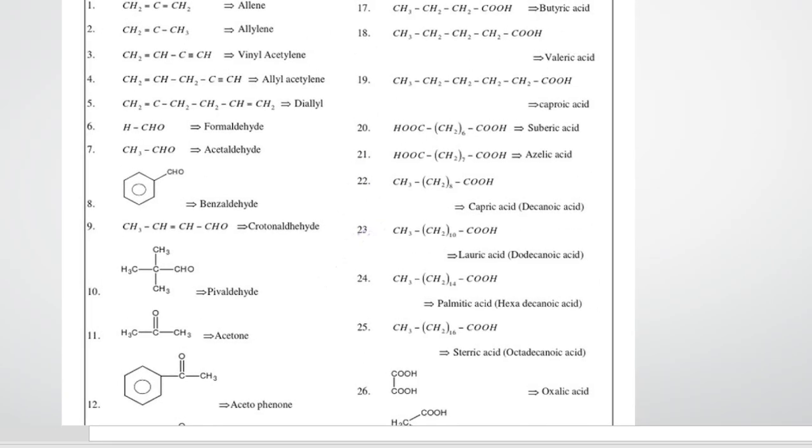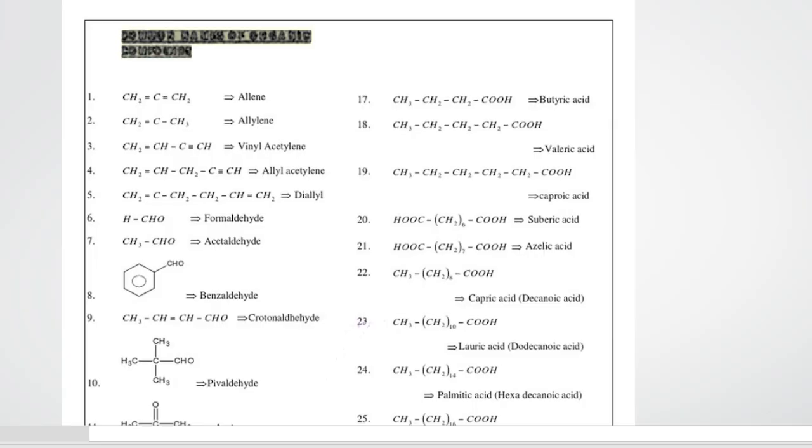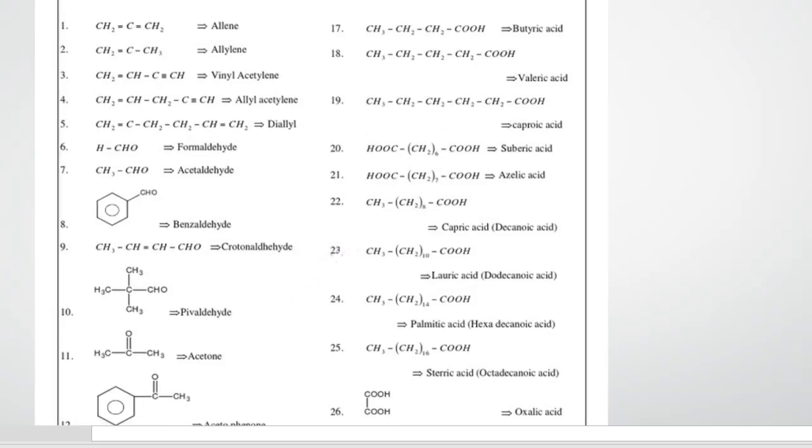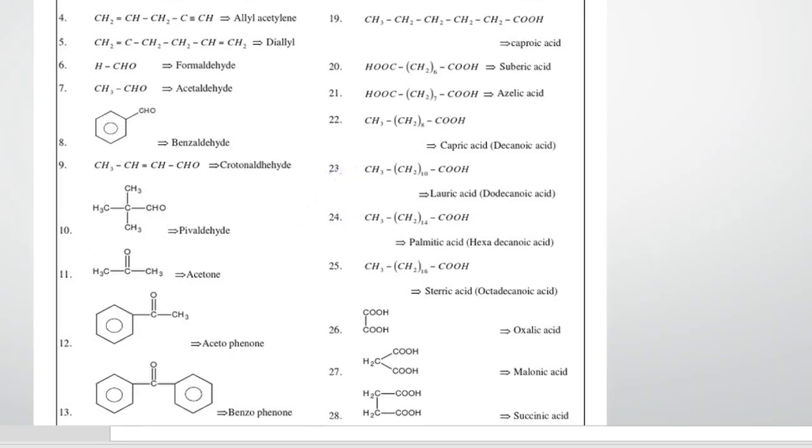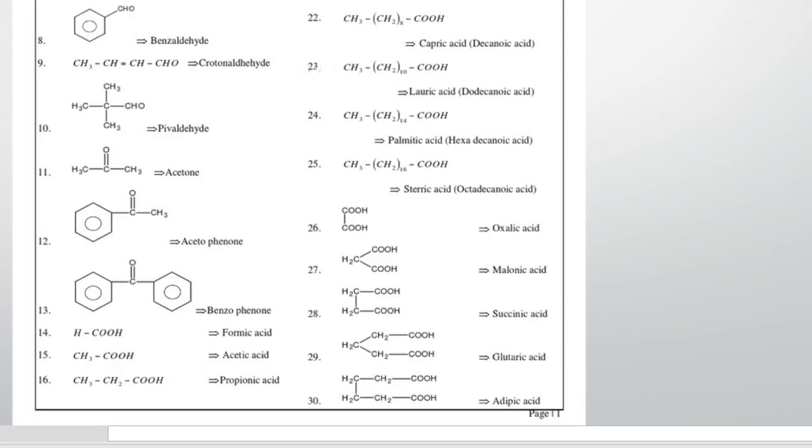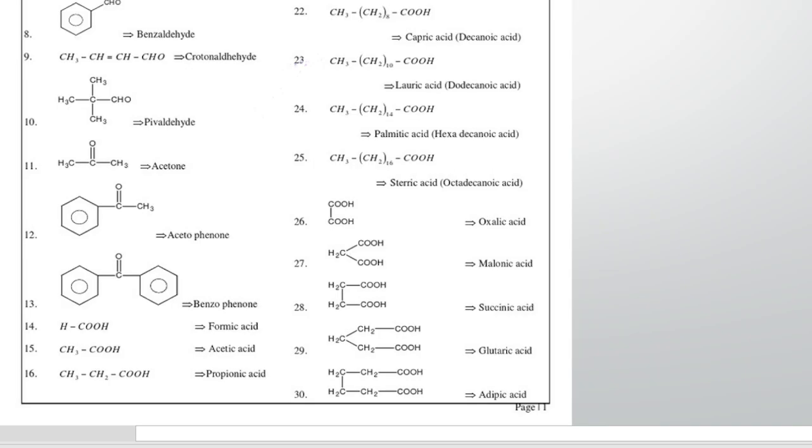And if we consider butyric acid, valeric acid, caproic acid, all these are different compounds and their trivial names. See, oxalic acid, malonic acid, succinic acid, glutaric acid, and there is an acid called adipic acid. Okay, these are all some of the trivial names of organic compounds.